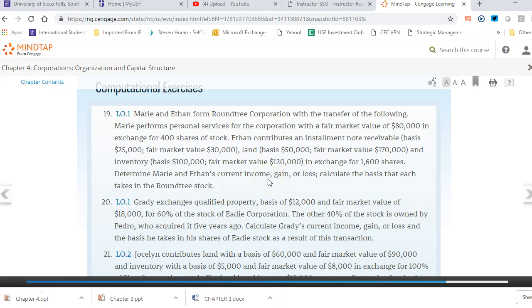That's what a lot of the questions and exercises are about, with different potential scenarios about what people contribute. In this situation, Marie is contributing services. That's very okay. You are allowed to contribute services in exchange for stock of a newly formed corporation.